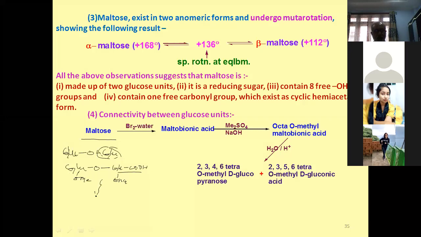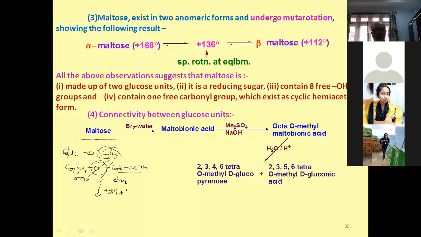Now you are going to do hydrolysis here. If you do hydrolysis, which is the point of hydrolysis? It is going to split into these two parts. It is this position where the hydrolysis will take place, the position where these two glucose units are connected.